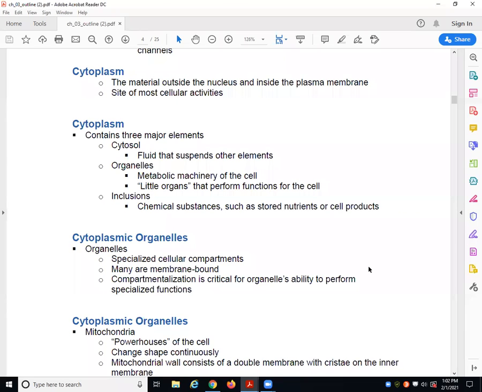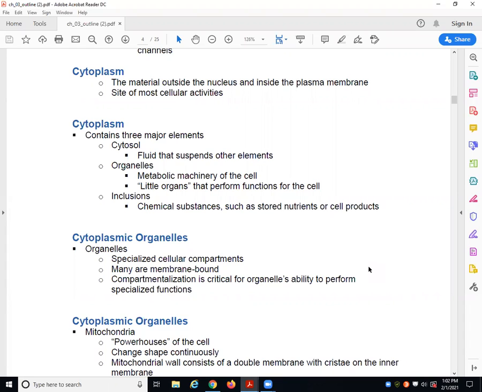Now that we've discussed the plasma membrane and the nucleus, the third component of the cell is the cytoplasm. The material outside the nucleus and inside the plasma membrane is your cytoplasm. Everything between the nuclear membrane and the plasma membrane.